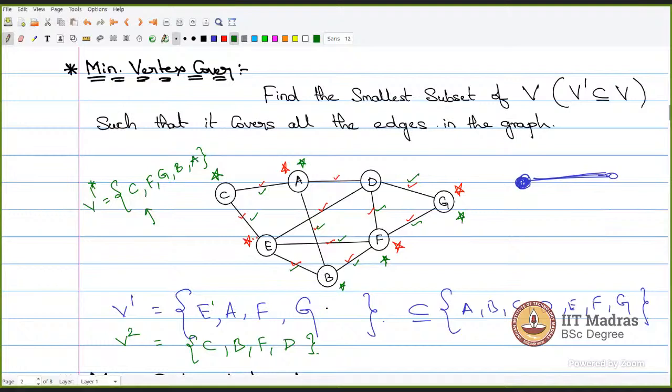If you know about NP-hard problems, then you might know this vertex cover plays a very key role in solving many problems. In deciding whether a problem is solvable or not can be found out by this minimum vertex cover.